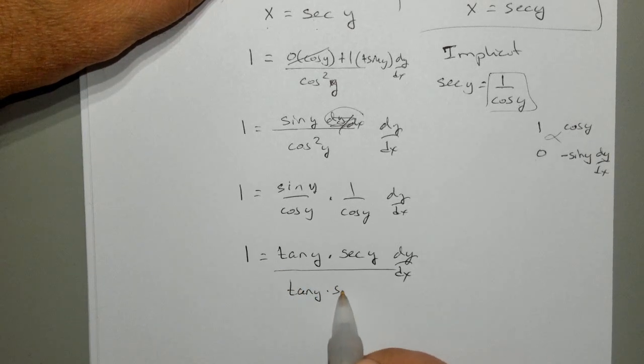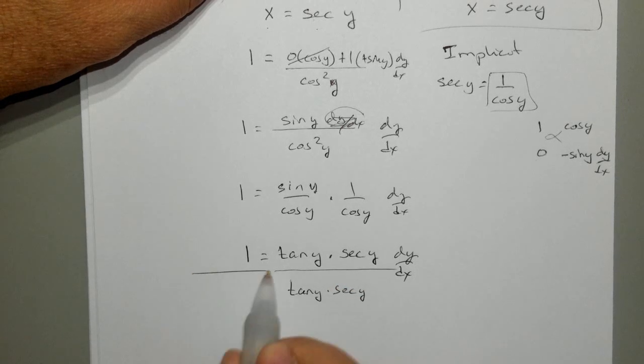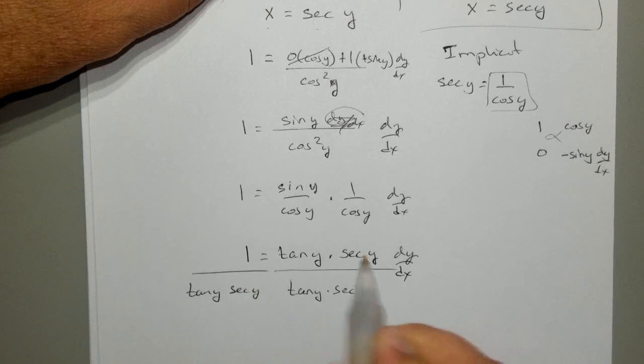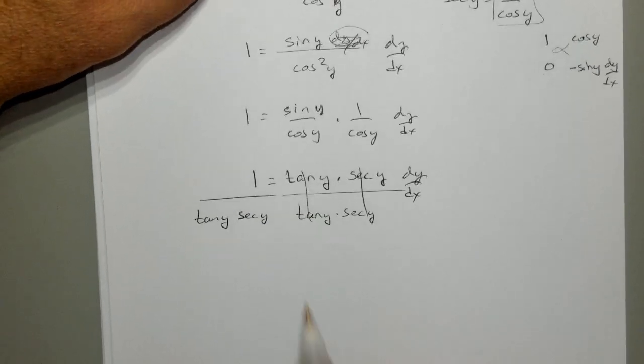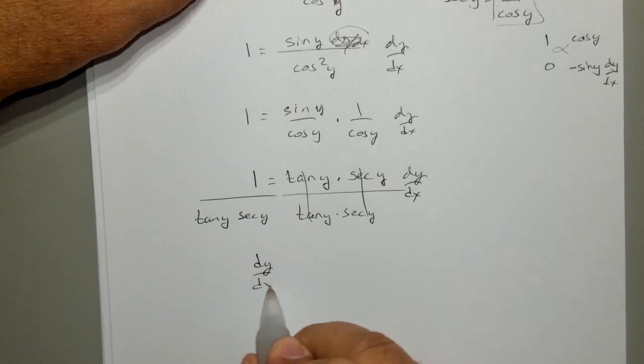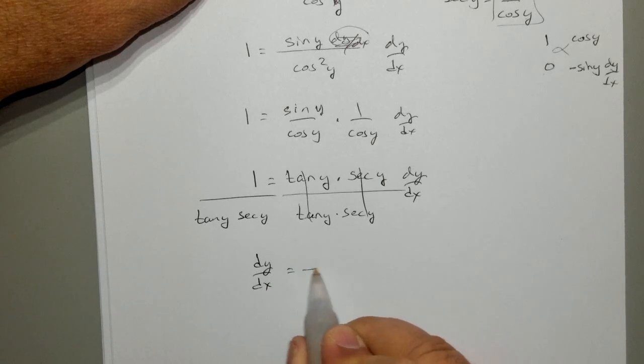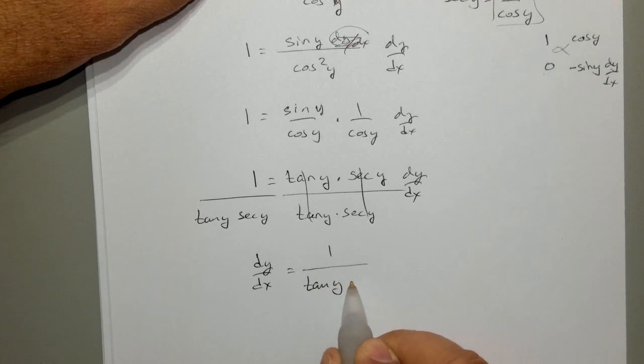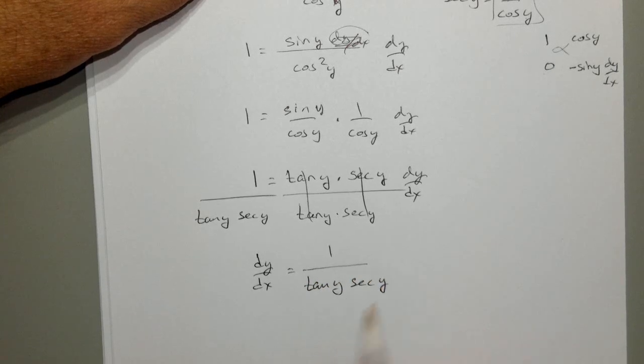Divide both sides by tangent y secant y. So dy dx is equal to 1 over tangent y secant y.